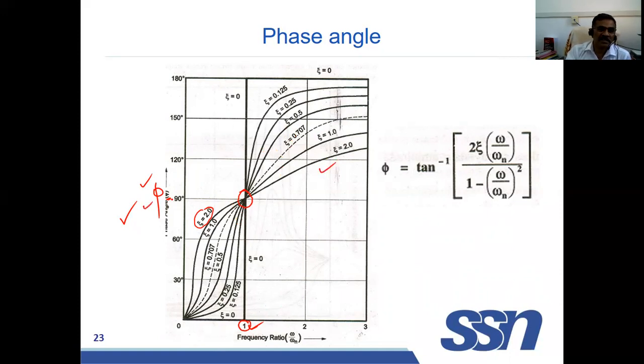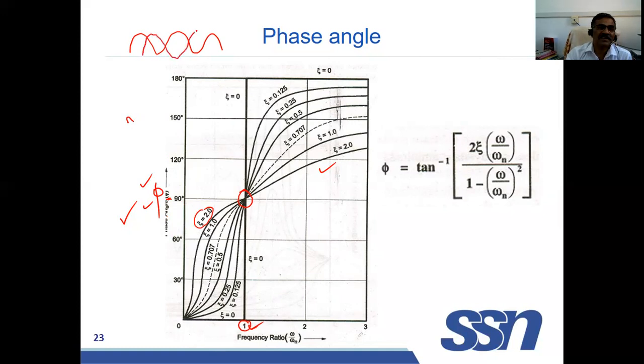So this is phase angle. What is phase angle? Phase angle is the angle between the forcing function and displacement function. There is a time delay, there is a lag. One will start like this, this is the forcing function, and another will start slightly later.